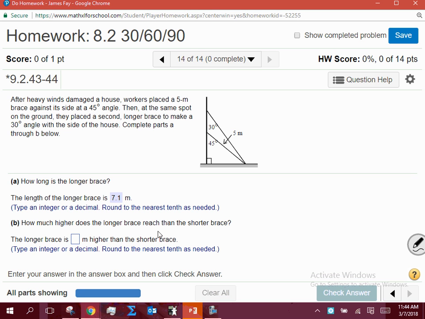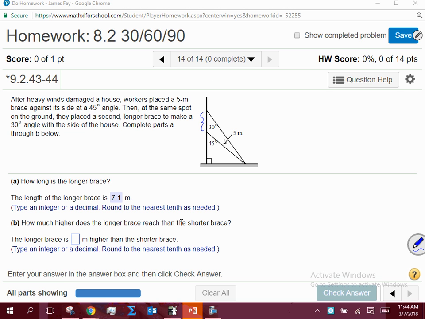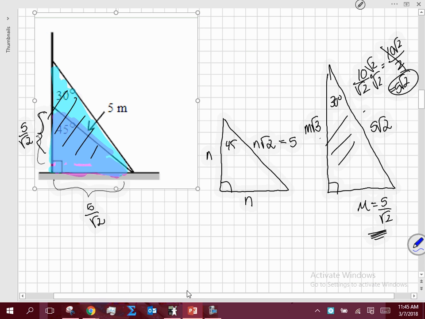And it says, how much higher does the longer brace reach than the shorter brace? Okay, how much higher? What that's asking for is that distance right there. Does that make sense to everybody? Well, we went through the work of saying that, actually let me go back to this.